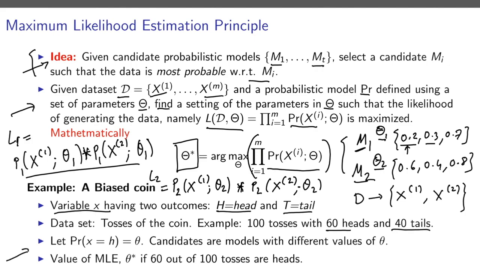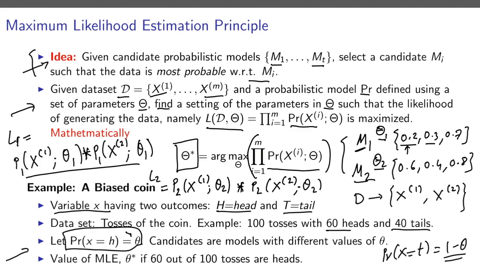We will assume a probabilistic model over the variable x, and since there is only one variable, we'll assume that the probabilistic model is parameterized by a parameter theta. So the probability of x equals H, which is x equals heads, is equal to theta, and the probability of x equals tails is equal to 1 minus theta.